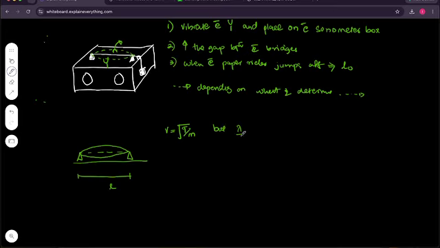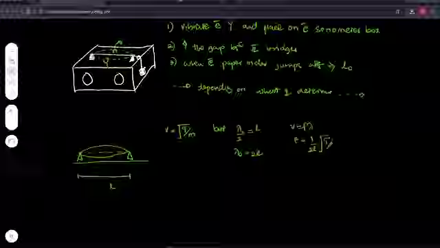At fundamental we have only one segment, so lambda naught by 2 is equal to L, and lambda naught is 2L. From v equals f lambda, we find f is 1 over 2L root T over m.